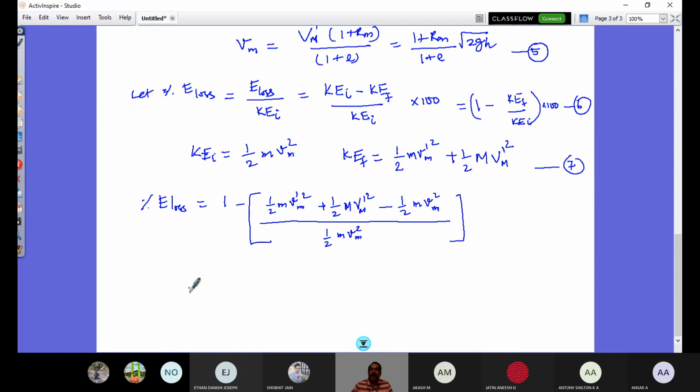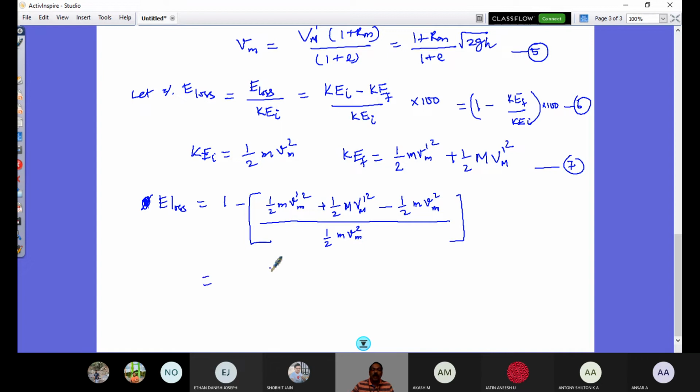So this is substituted in equation 7, equation 6, all into 100%, right? In terms of to get percent. So let us put at the end the percent. So energy loss is this.